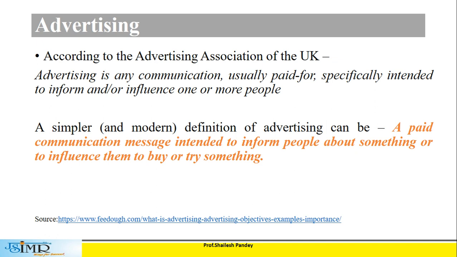It is paid, we have already discussed that. And it is intended to inform. The advertisement is also going to influence, definitely it is going to inform and it can also influence one or more people. So it can be done to influence one person, or it can be done to influence a mass. So both are possible in this case.